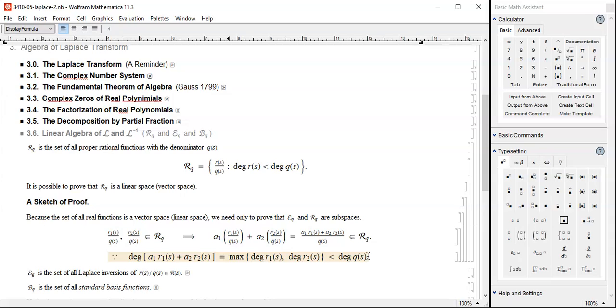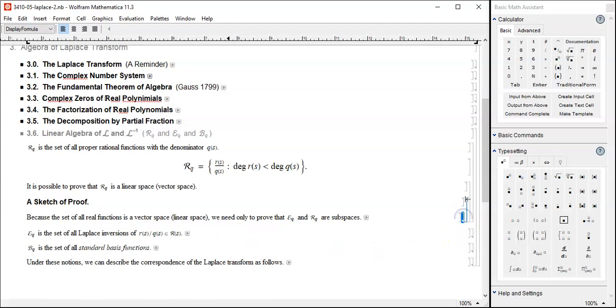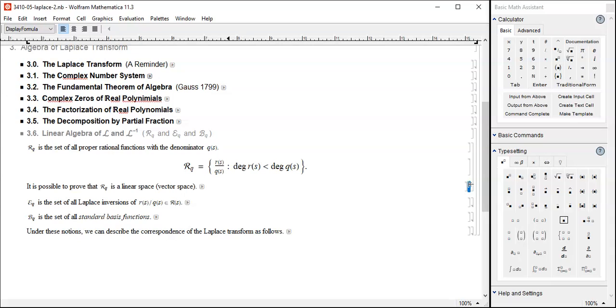We're not increasing the degree. We're not multiplying by S or something like that. So yes, it is closed under linear combination, and this is a linear space. So we can consider its generators and linear independence and so on.